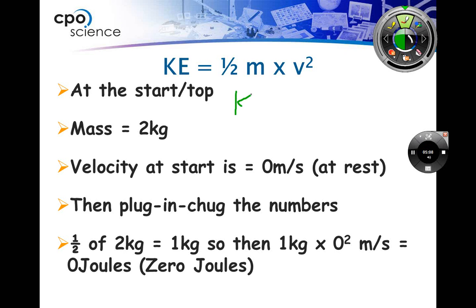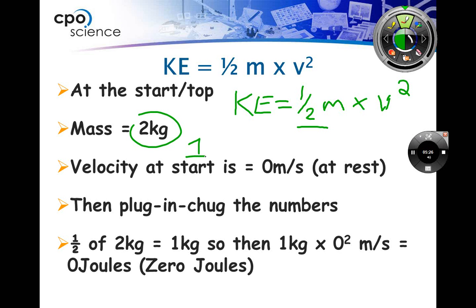Kinetic energy is equal to 1/2 the mass times the velocity squared. So, half mass times velocity squared. Our mass is 2. Half of 2 is 1. We have 1 kilogram mass.